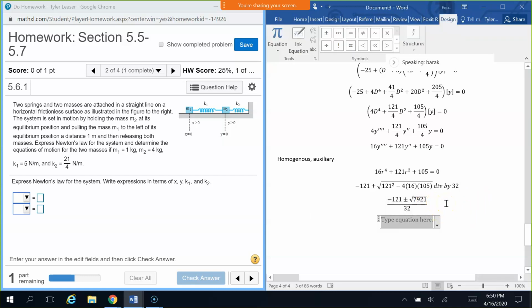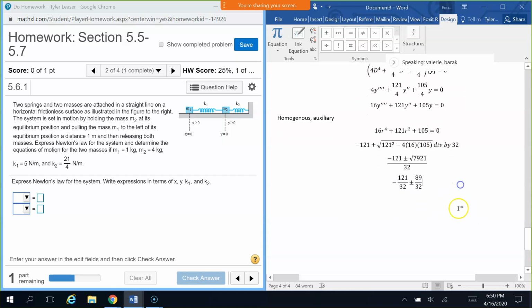Okay, cool. So it's 89 over 32. You can at least add them together and subtract them.